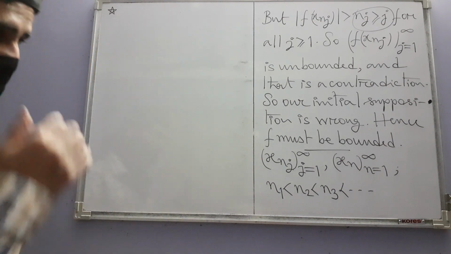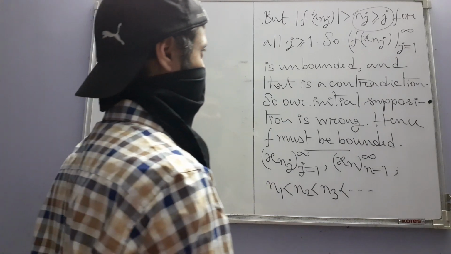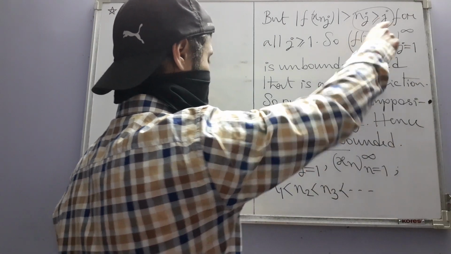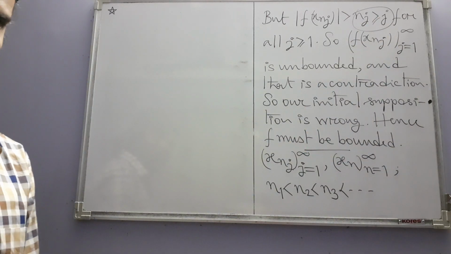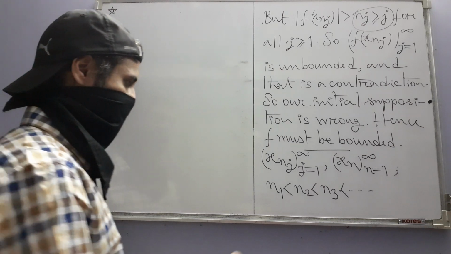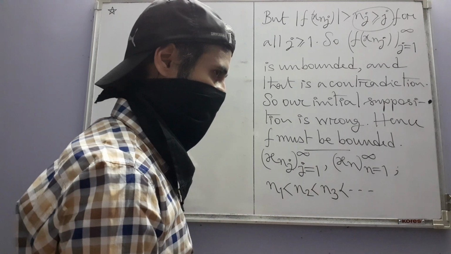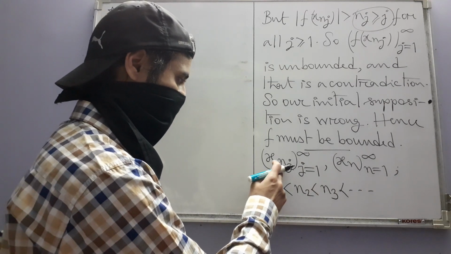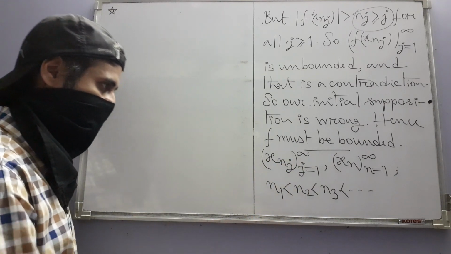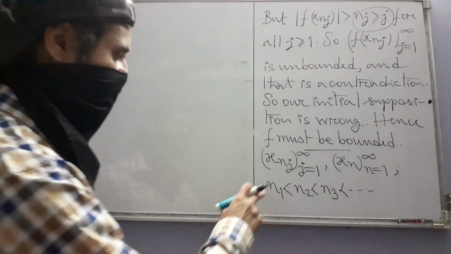So what should be the basis for our induction? n1 is greater than or equal to 1, but that is true, because these nj's are some n. Which n we don't know. That depends on how this nj itself has been defined.